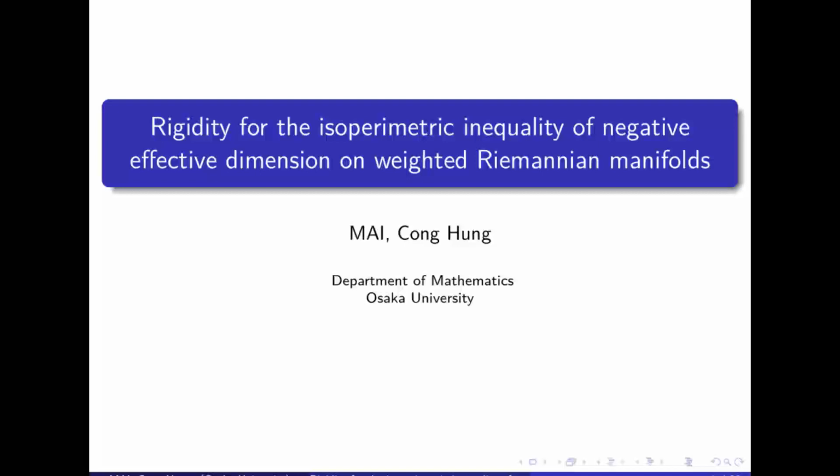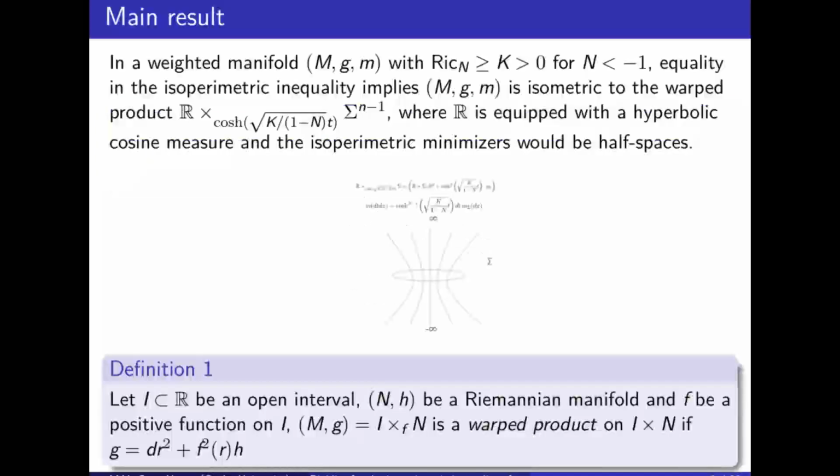and the spectral inequalities. And the main theorem in my research asserts that in a weighted manifold with positive Ricci curvature bound of negative effective dimension n, which is smaller than -1, the equality in the isoperimetric inequality implies that the manifold must be isometric to the warped product of the one-dimensional Euclidean space with a hyperplane, and the warping function is a hyperbolic cosine function.